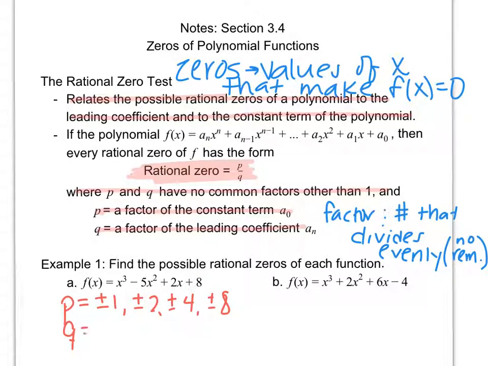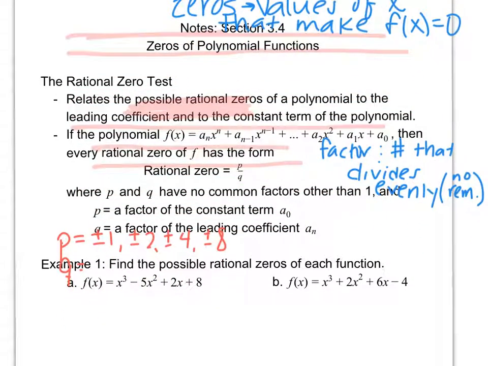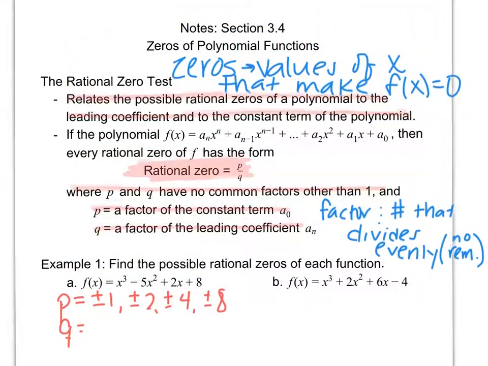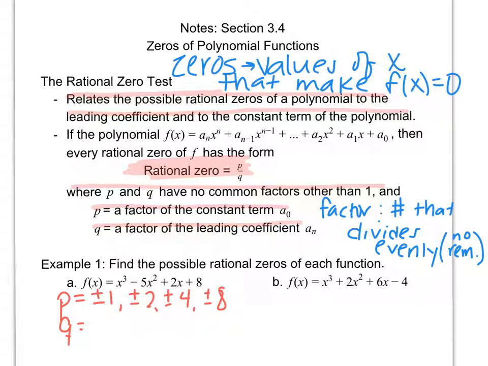When we take q, which is the leading coefficient, and we find things that divide evenly into q, which is 1, we get positive and negative 1. My possible zeros are going to be p divided by q, so it's positive and negative 1, positive and negative 2, 4, and 8, okay?